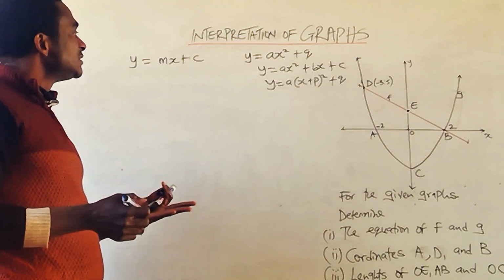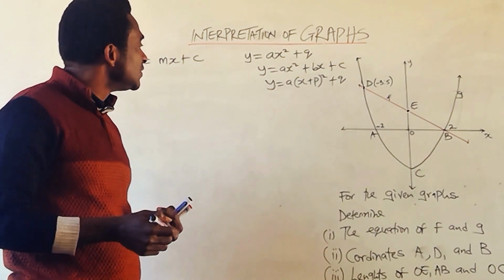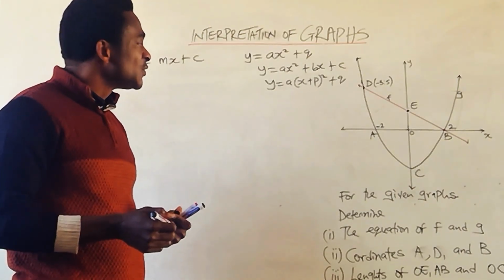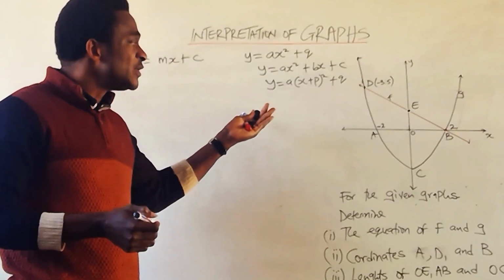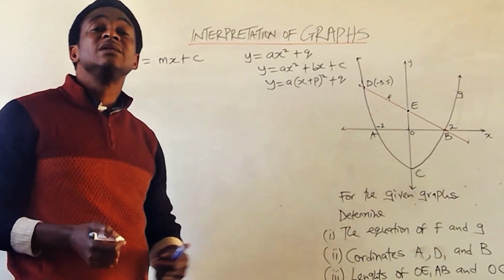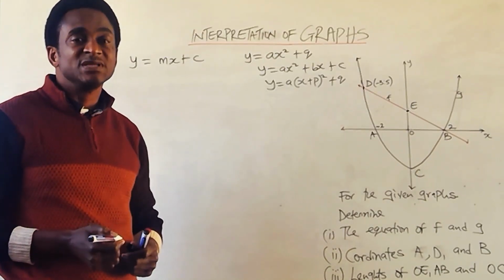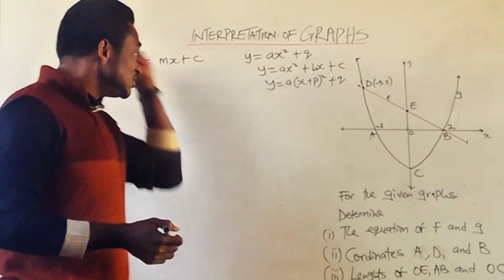We have two methods that we can use to figure out quadratic equations from a given graph. We have what we call the turning point method, when the turning point and one other point is given. In this case, we don't have our turning point. And the second one is what we call the intercept method. So the two x-intercepts are given, and that is what we're going to use.